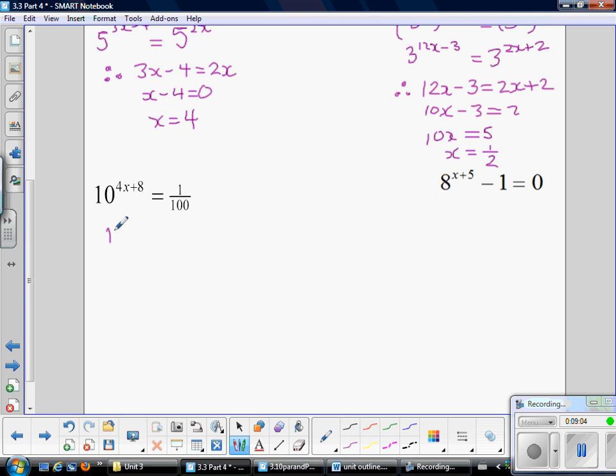So I have 10 to the power of 4x plus 8, and that is right now equal to 100 to the power of negative 1. Now, the reason I can do that is now I can turn 100 into the base of 10. So we had 10 to the power of 4x plus 8 equals 10 squared, and that is to the negative 1. So this really is 10 to the negative 2.